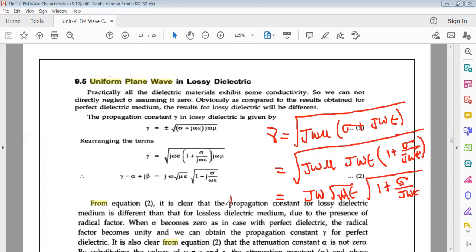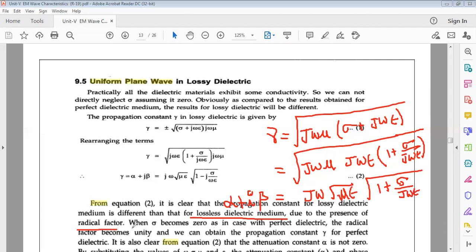And this gamma is nothing but alpha plus j beta. From the equation, it is clear that the propagation constant for a lossy dielectric medium is different from that of the lossless dielectric medium.